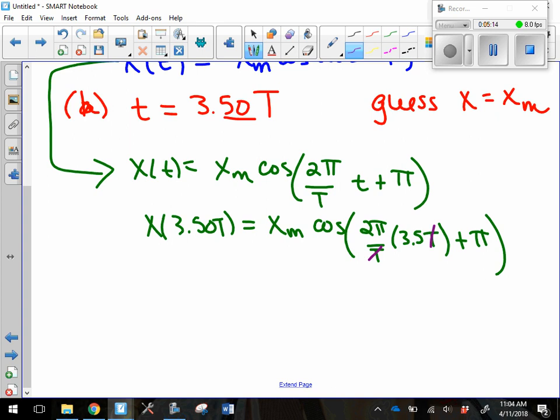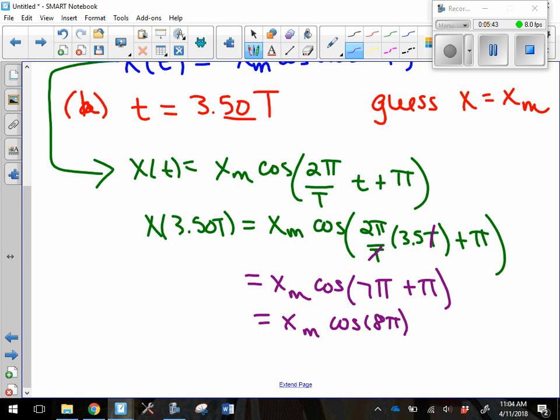And of course, I can cancel my capital T's. And I get xm cosine 7 pi plus pi, or xm times the cosine of 8 pi.